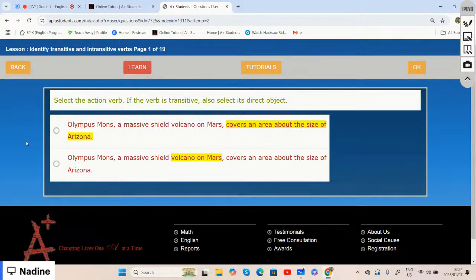Option one: Olympus Mons, a massive shield volcano on Mars covers an area about the size of Arizona.